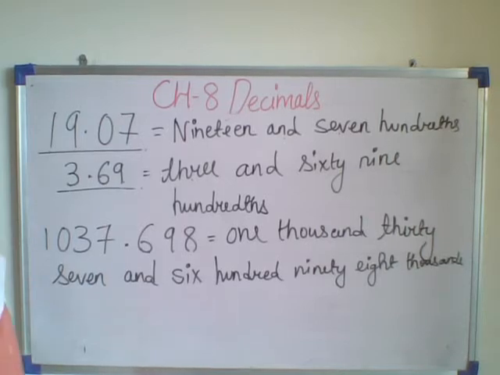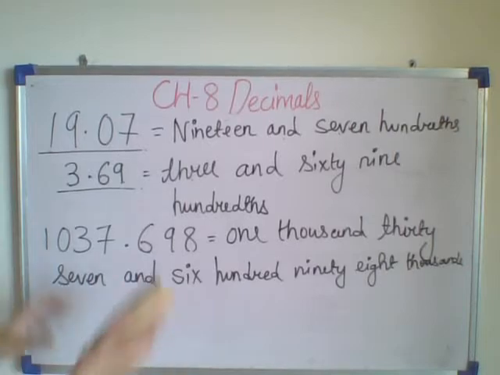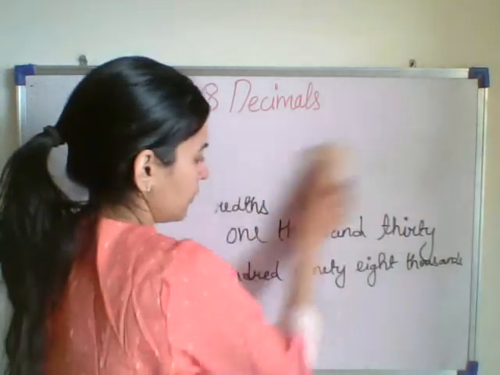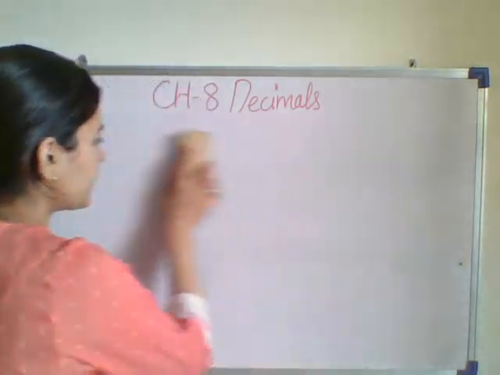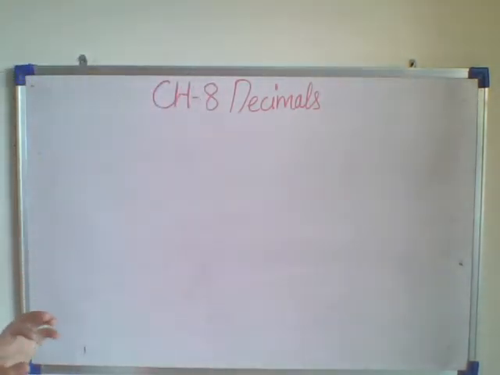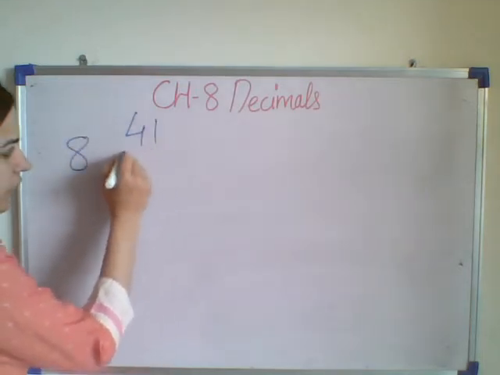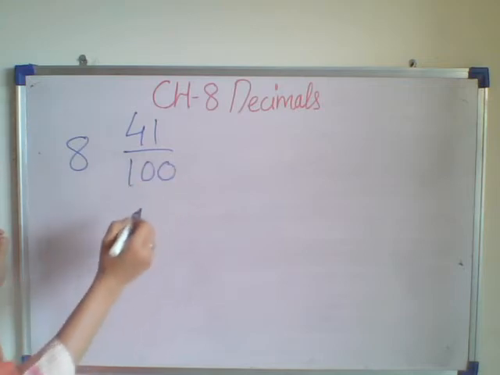Now let us write the decimal number for each fraction. Here I will be writing a fraction, then we have to write the decimal number for the given mixed number. First is 8, 41 upon 100.